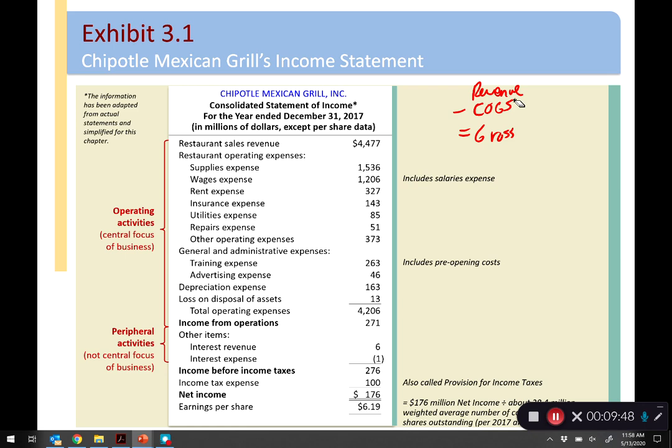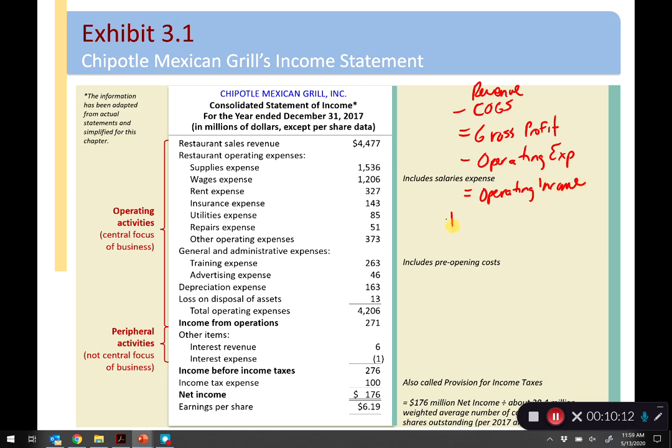Chipotle doesn't track their gross profit separately, but many retailers would. Then we take out our operating expenses, which is basically any expense related to the day-to-day operations. That gives us what's called operating income.